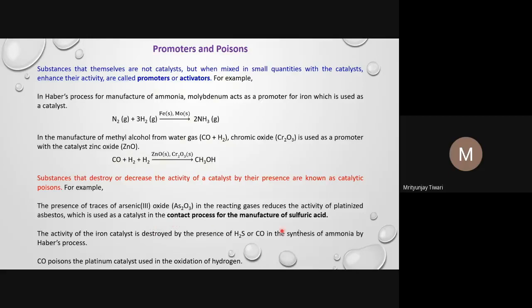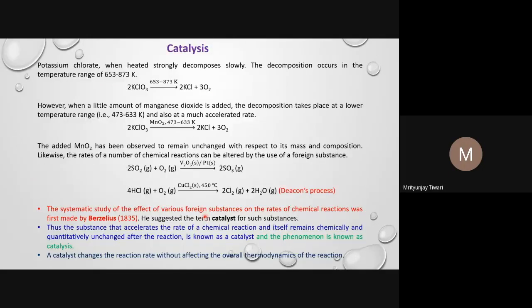Platinum was initially used as a catalyst for the contact process, and the reaction we see is sulfur dioxide reacting with oxygen to form sulfur trioxide. But in this process, arsenic oxide goes in with the air, and so it actually poisons this platinum catalyst.